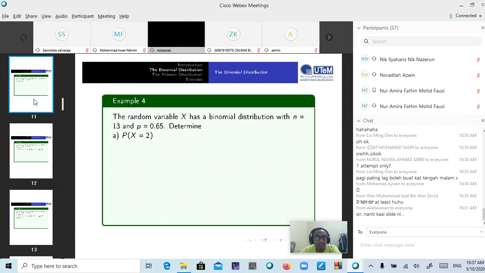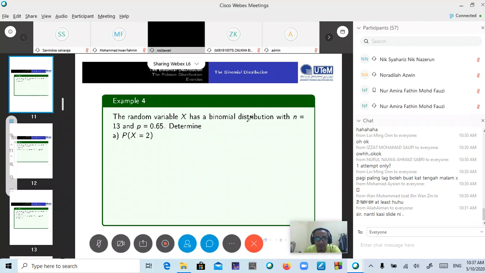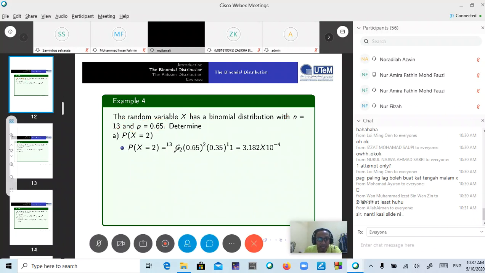Example 4: how to find for a random variable x with a binomial distribution. This one is just revision. Binomial distribution with n equal to 13 and probability of success equal to 0.65. You want to find the probability of x equal to 2. Just put in your formula: 13C2, where 13 is the number of trials.